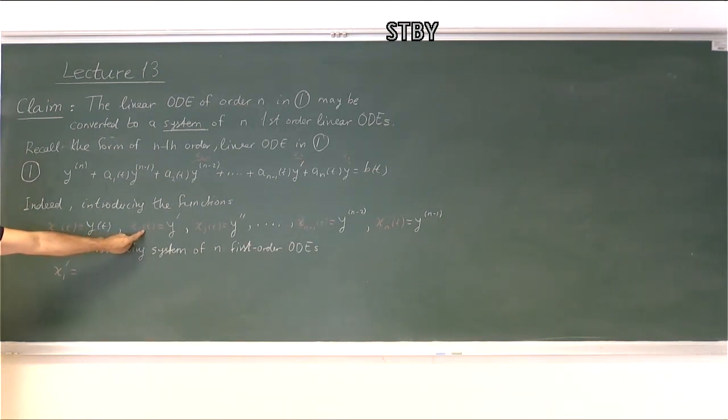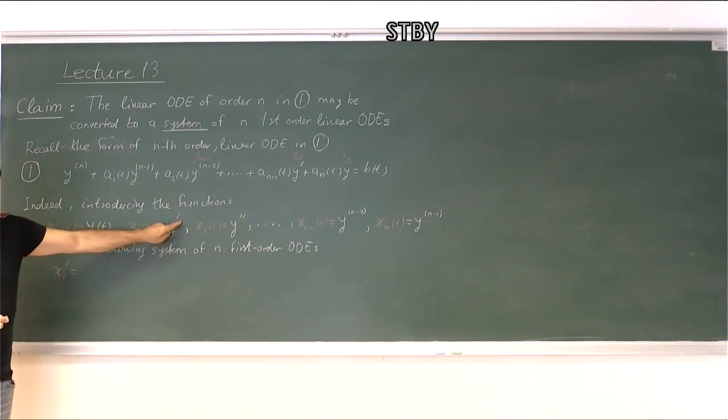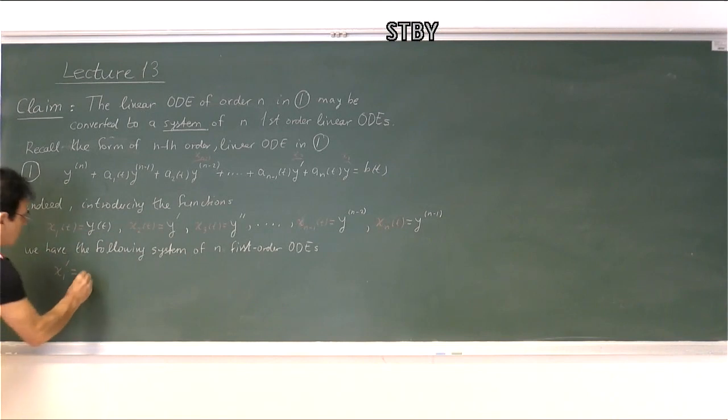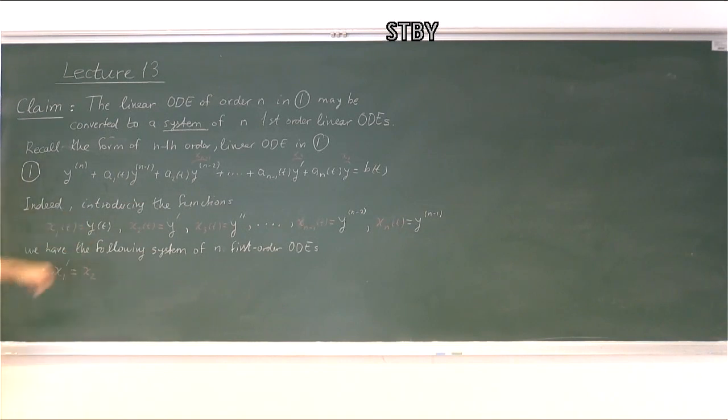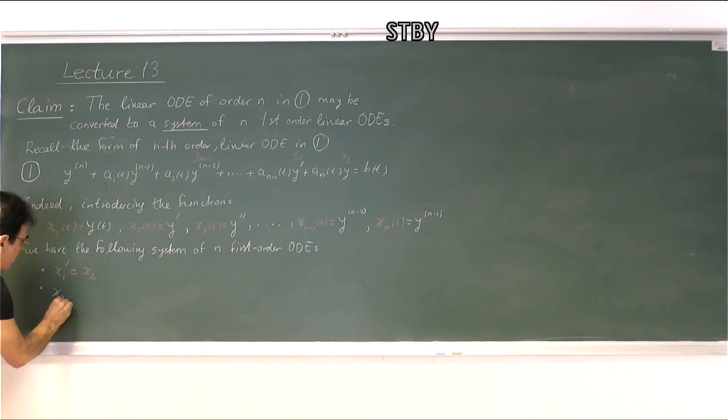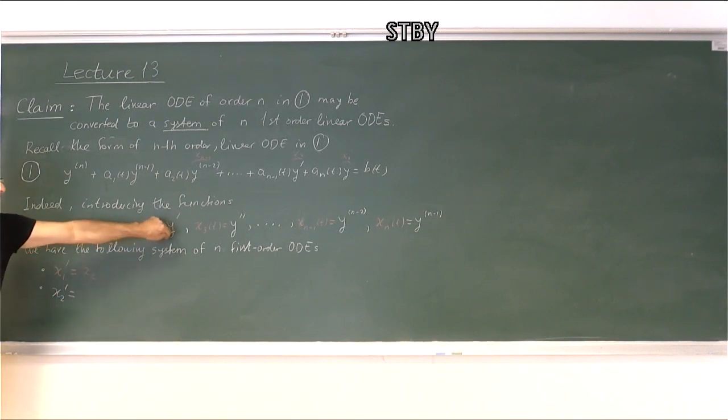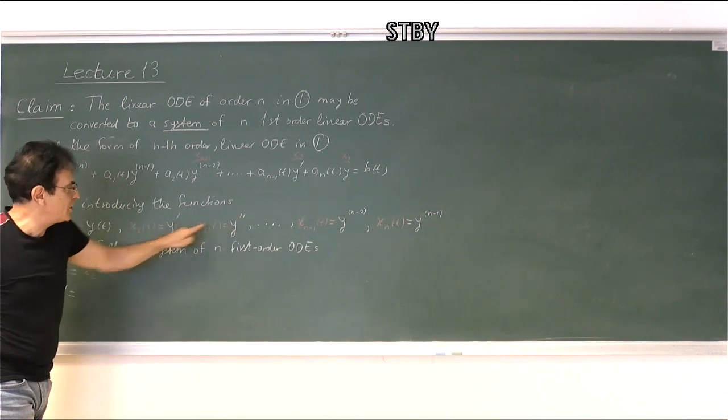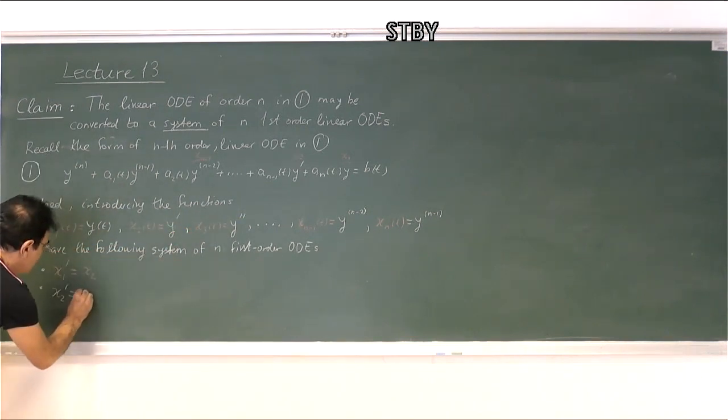It is x2. Yes, x1 is nothing but y, so its derivative is y prime, which is taken as x2. This is the first equation. Similarly, x2 is y prime, its derivative is y double prime, which is x3. So we have x3.